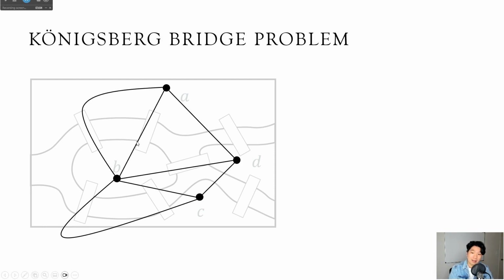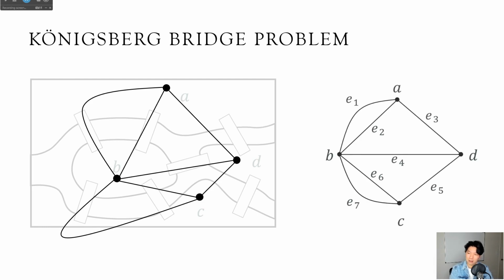Now I'm going to clean up this picture even a bit further, so that it's a little bit easier for us to look at. I can redraw this to look like my graph over here. So this is a little bit cleaner and easier to look at. Notice that I labeled my edges as E1, E2, E3, E4, and so on.